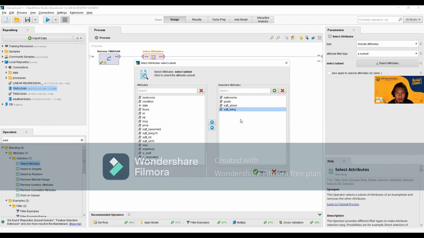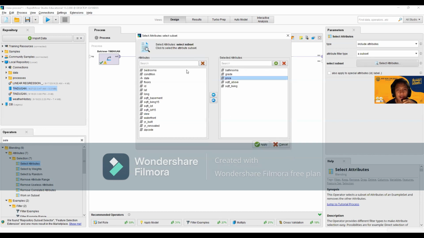The price is our y variable since we want to predict it here. The other attributes are not included because some of them are not relevant to predicting the price, and some are in binary format, which are the waterfront and view.